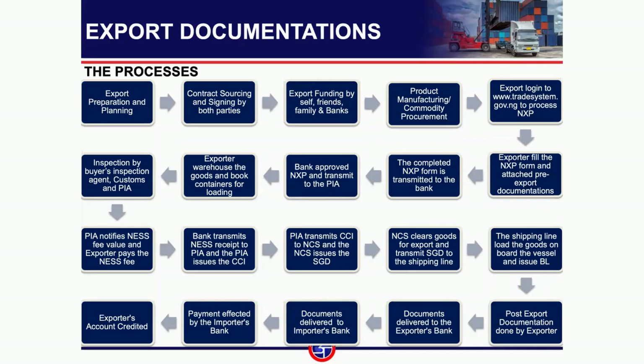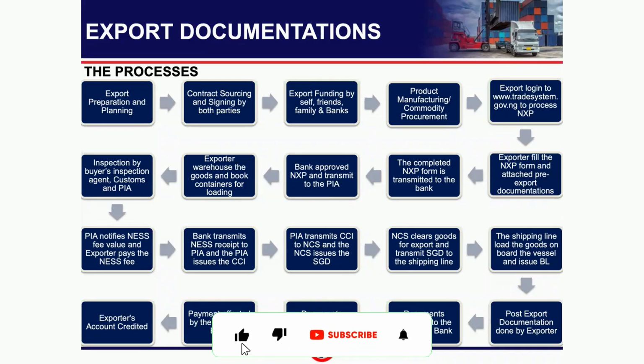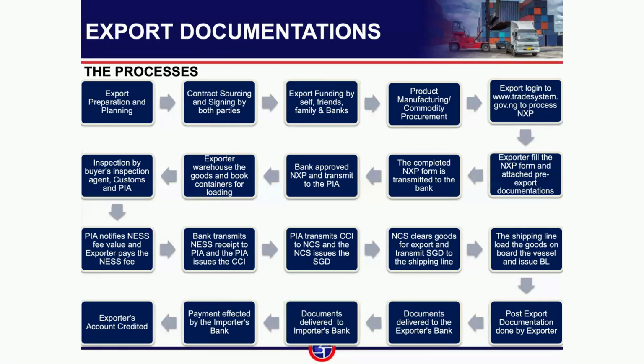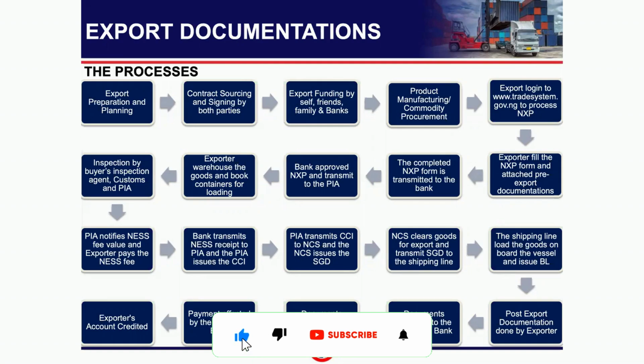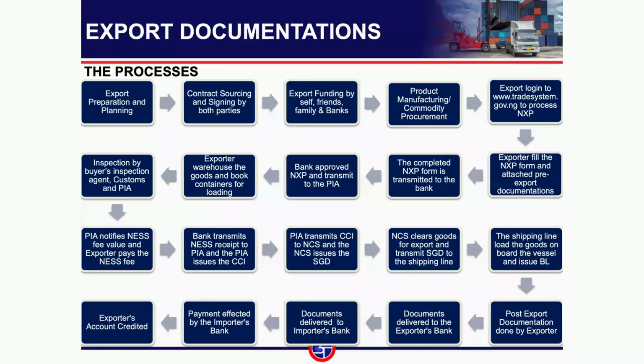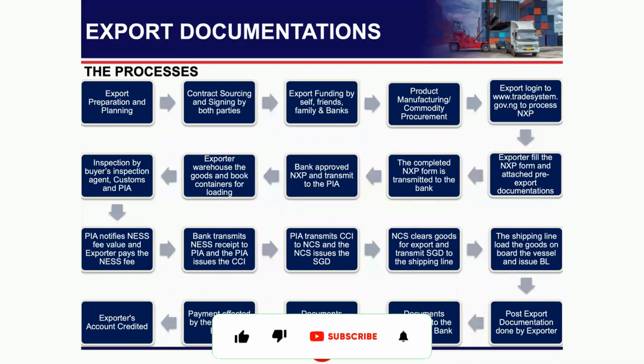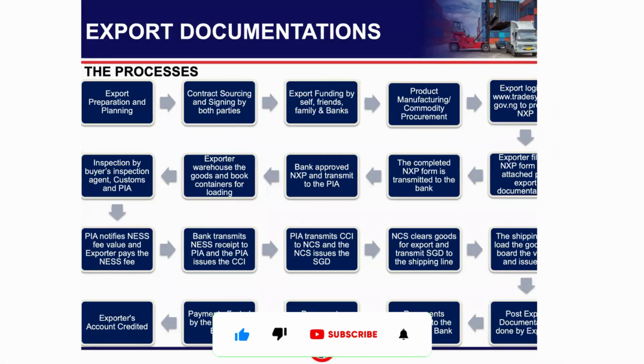So the PIA has done inspection, but will not issue the CCI until the bank confirms that the 0.5% NESS fee has been paid. You know what? CBN pays the inspection agent a percentage of that 0.5%. So if you don't pay it, that's where they will be paid from. They will not issue your CCI. So the PIA will only issue the CCI when the bank has informed the PIA that payment has been made.